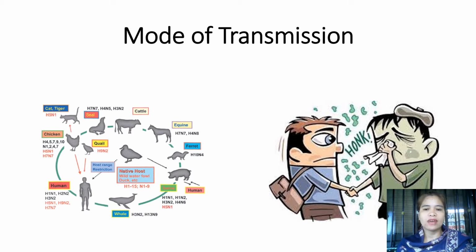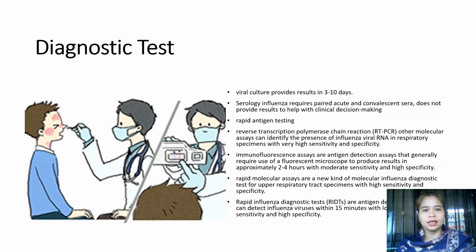So by direct contact, by droplet, okay, so that can also be transmitted from man to man. Now, how do we diagnose influenza? Viral culture is the confirmatory test for influenza.